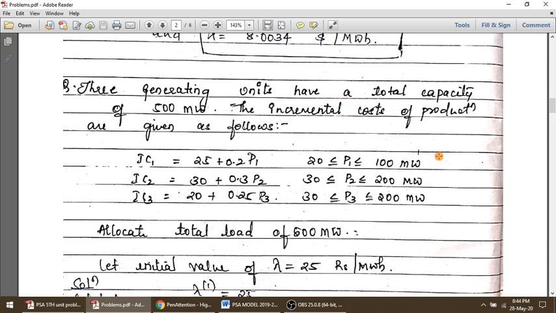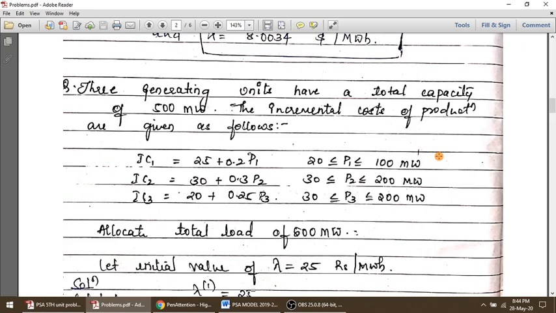First, proceed as you have done in the previous problem; the same procedure will be followed. You will calculate the PG values, the power output values for all the 3 generating units, using the initial lambda value.